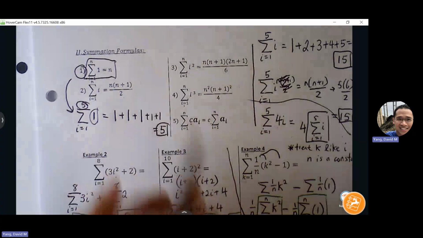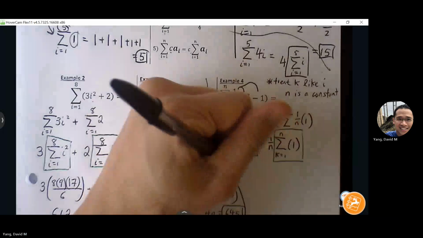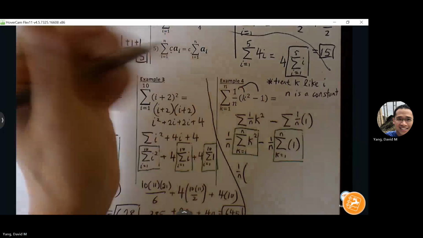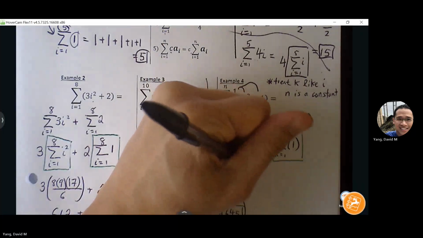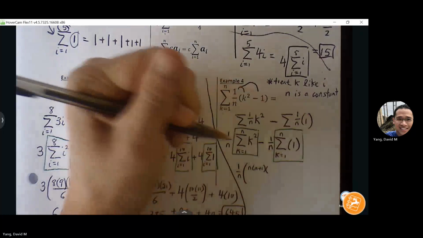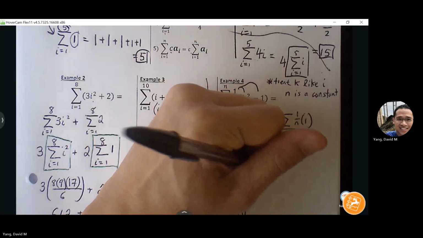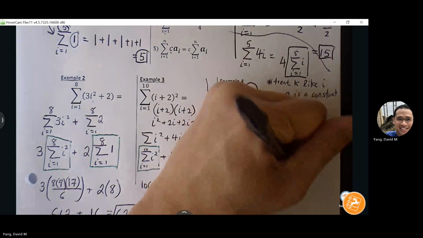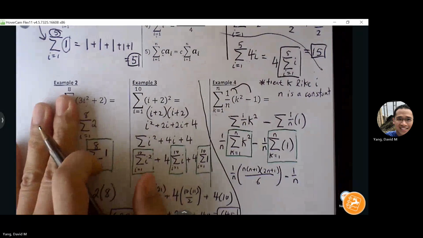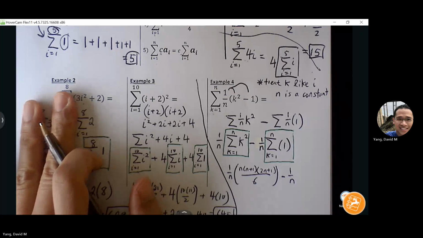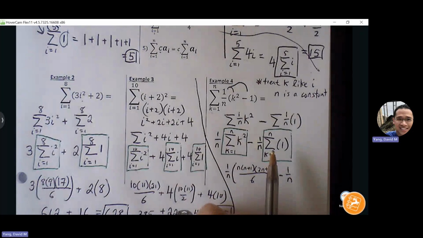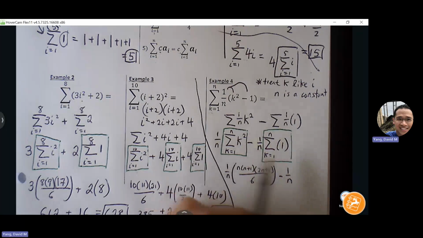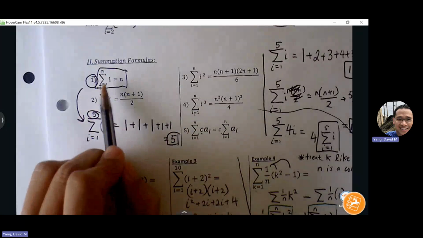My n will just be in my final answer. And summation 1 can be replaced with what? Just n. Summation 1 is just n.